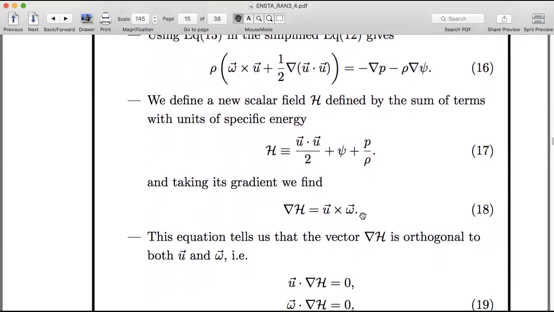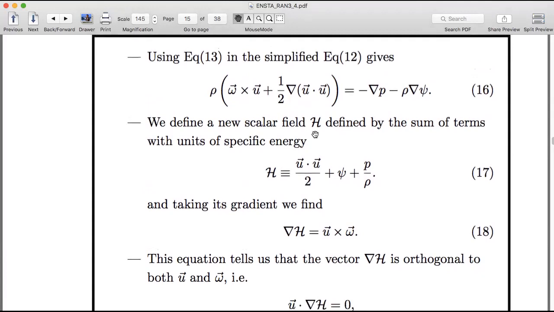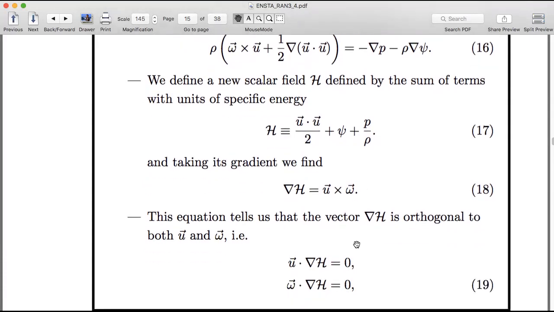This was the reason for introducing this curly H in this way: when we combine it with equations 16 and 17, we find that the gradient of H has to equal just u cross omega.